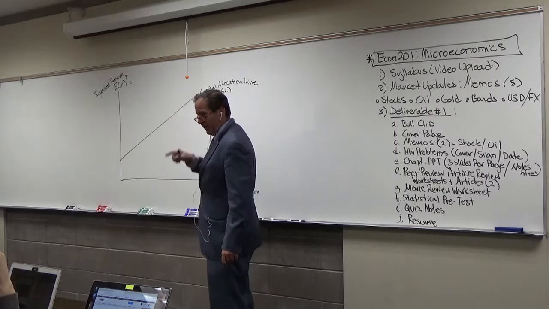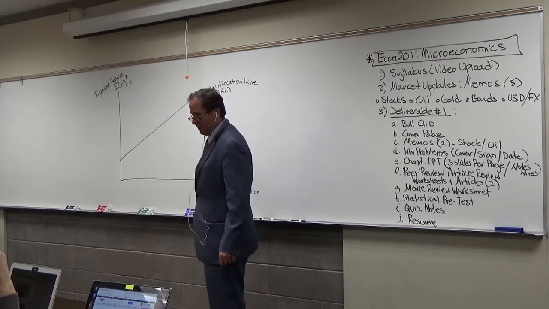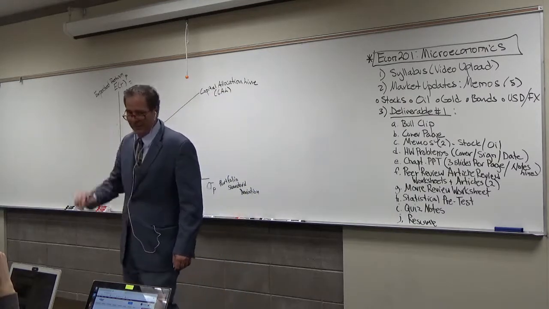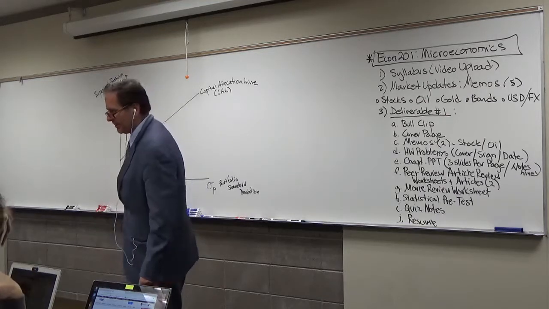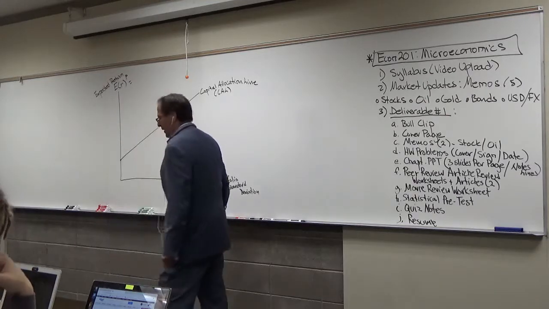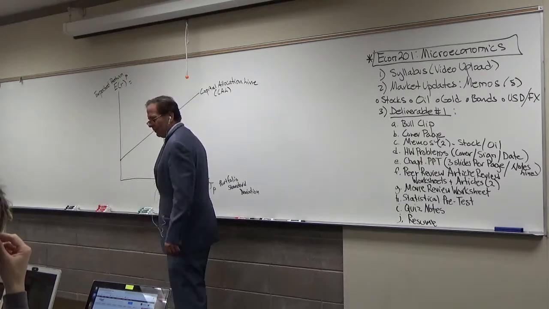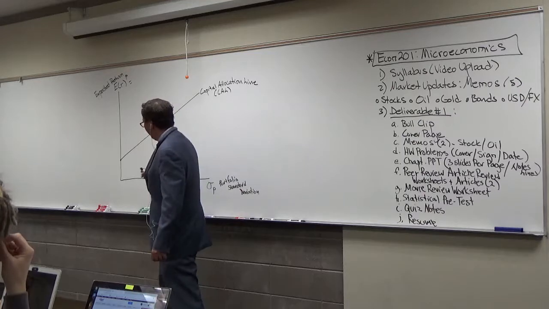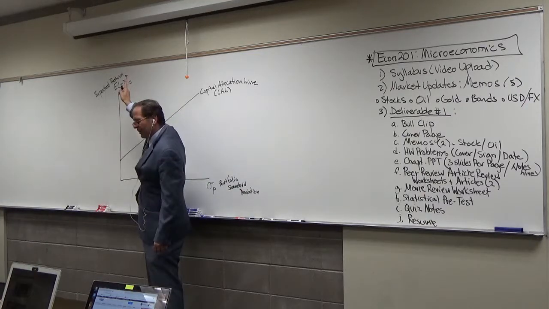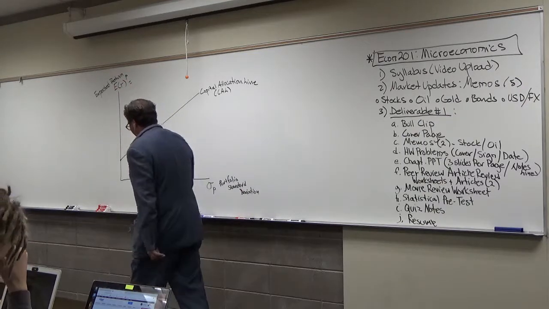Take the square root of the variance and it gives you the standard deviation. On your pretest, you have the portfolio standard deviation equation. So when you hear standard deviation or variance, it's risk. High risk, you go this way. High return, you go that way.